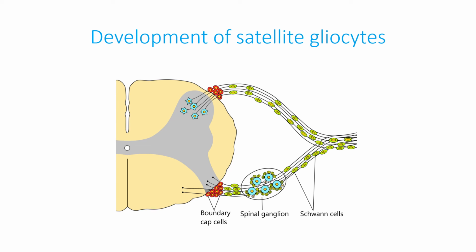After the major neural crest ventrolateral migratory stream has taken place, boundary cap cell-derived cells migrate along peripheral axons and colonize spinal nerve roots, peripheral ganglia, peripheral nerves, and nerve terminals in the skin.